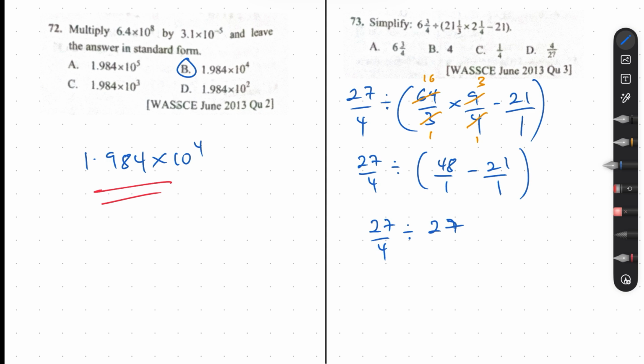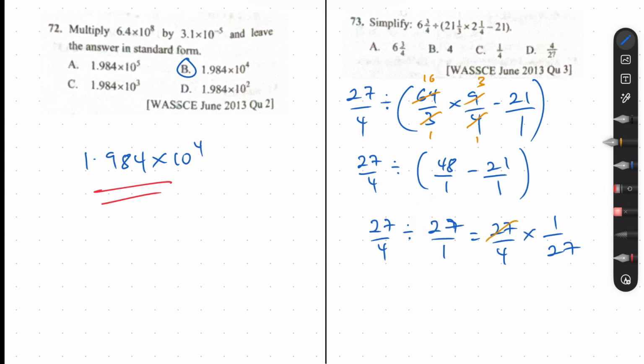All right, now we know that 27 is the same as 27 over 1. This expression is how we are getting the 27. Don't get confused. Okay, so let's change this. We have 27 over 4 times 1 over 27. How do we get this? We just switch the division sign into multiplication, so we have to flip. Okay, cool. Now we can easily simplify.